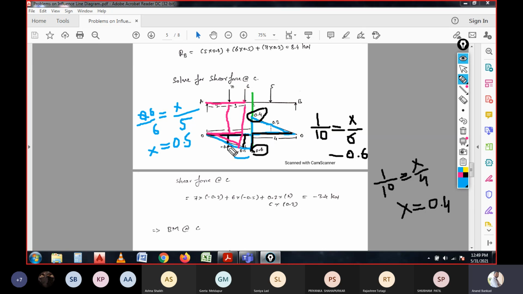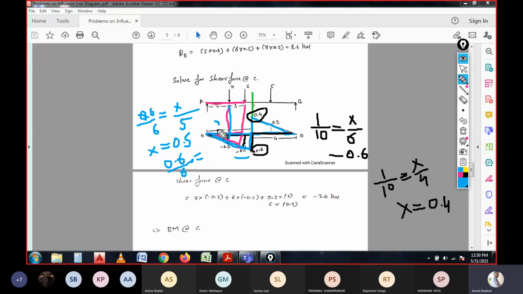Again, if you consider this coefficient value, it has the triangle height of 0.6 divided by 6. I am considering 0.6 by 6 because this is the length of 6, and this is the height of 0.6. For this larger triangle, I am considering this section.